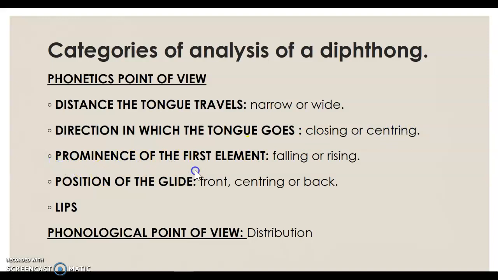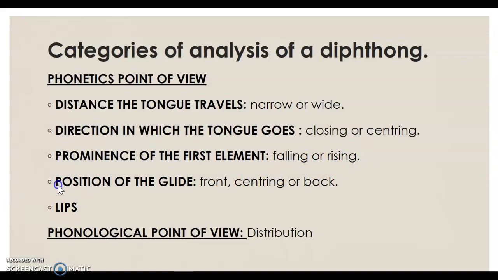If we analyze the prominence of the first element, and the first element is more prominent than the second one, we may say that the diphthong is falling because the first element is stronger and then the second element is weaker. On the other hand, if the second element is stronger and the first element is weaker, we may say that the diphthong is a rising diphthong.